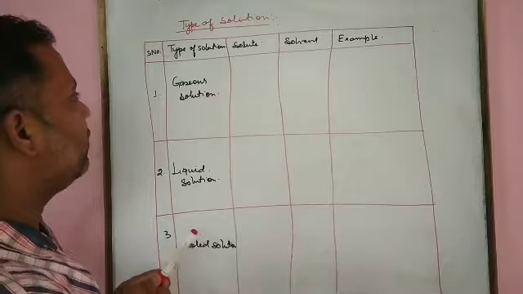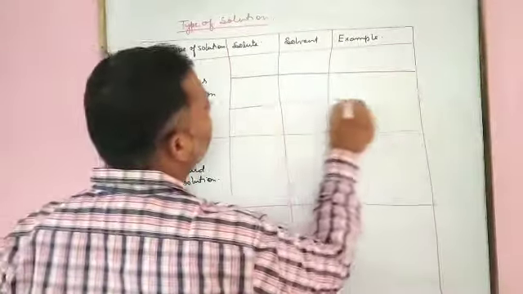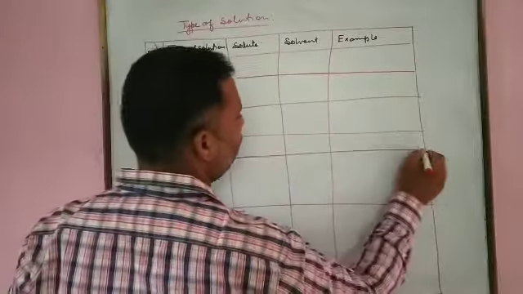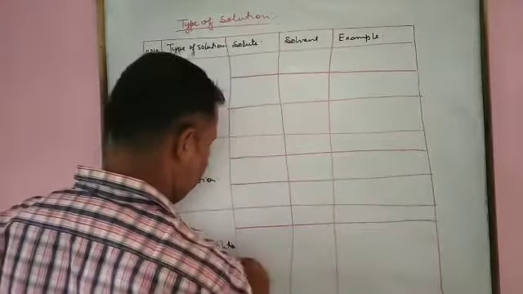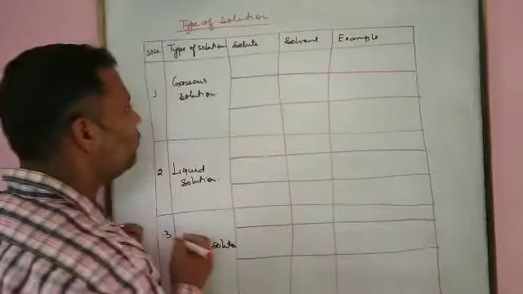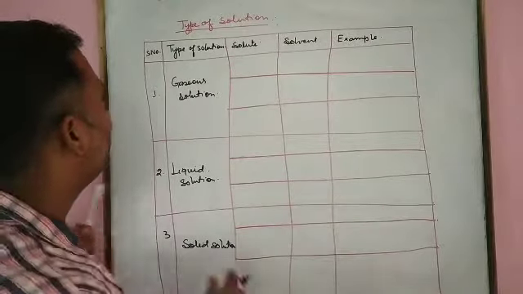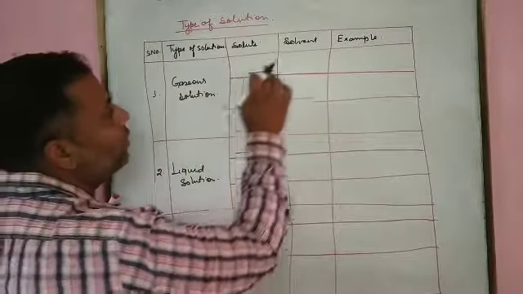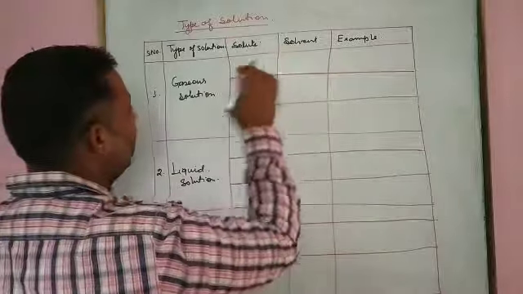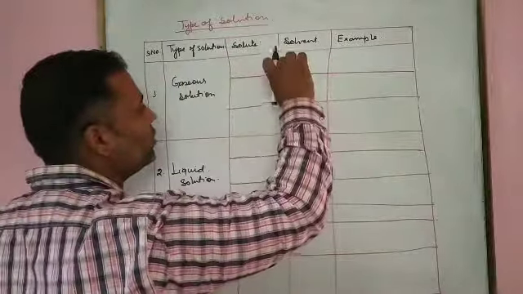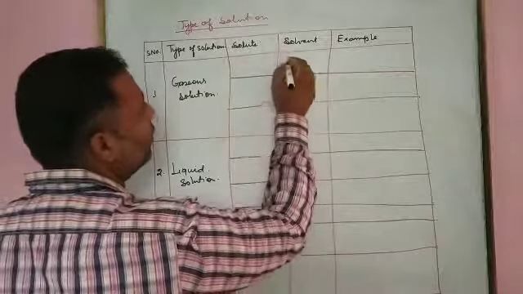The first one which we have is gaseous solution. As I have told you, in case of gaseous solution, the major component, that is the solvent, is in gaseous state. It means in all these three solutions, we have the solvent in gaseous state.